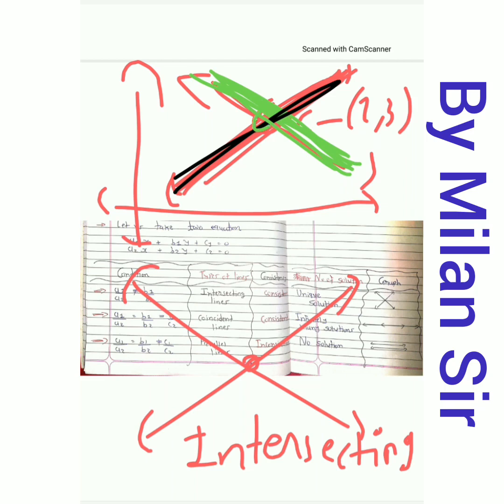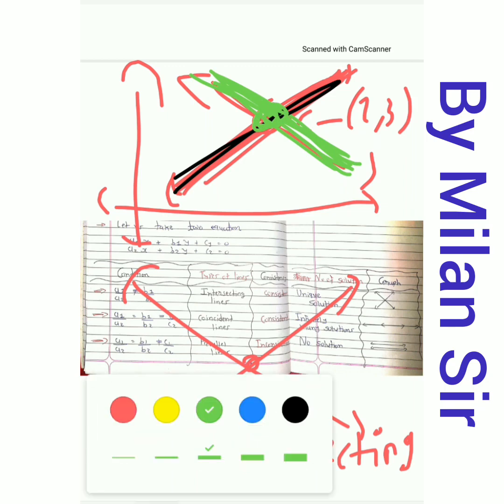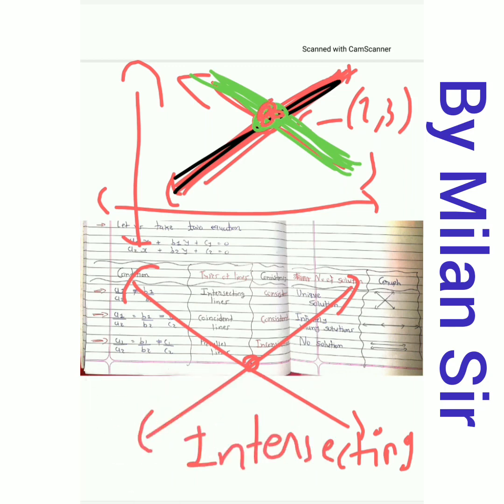But if you take this intersection point, then this point lies on both lines, so it can solve both equations. It can satisfy both equations. So this is our solution of the linear equations, that means the intersection point.